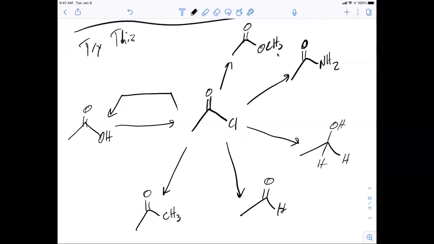Oh, forgot one. Go back and look at your notes. If you want to talk to your neighbor, you can. The important part is just find the reagents to complete this chart.